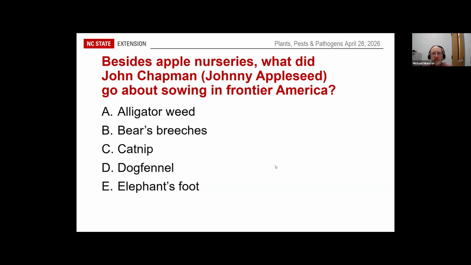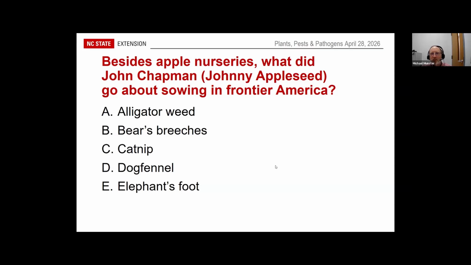And it turns out that he established a lot of apple nurseries around what then was frontier America. And there was another plant, though, that he distributed quite a bit of, a little bit more controversially. Was it A, alligator weed, B, bear's breeches, C, catnip, D, dog fennel, or E, elephant's foot?